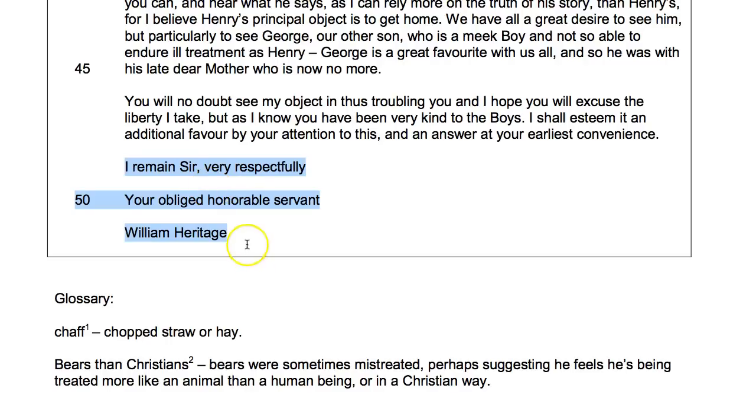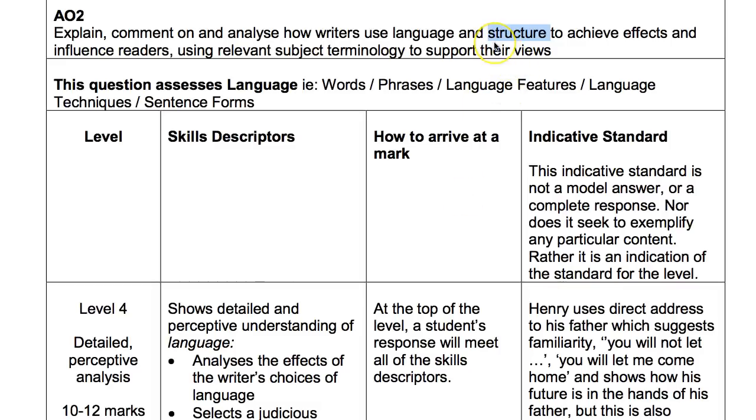Your teacher's probably not told you to write about the structure, but there it is in the mark scheme. Now, why this is really good news for you is that if you do mention something about the structure, your answer is going to be different to most other students, and the examiner won't be able to help themselves. They'll just want to give you higher marks. You will just feel more of an expert in English than other students.